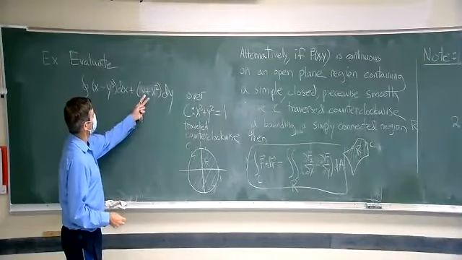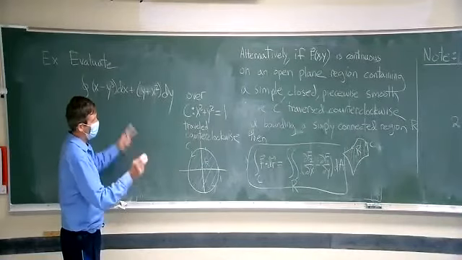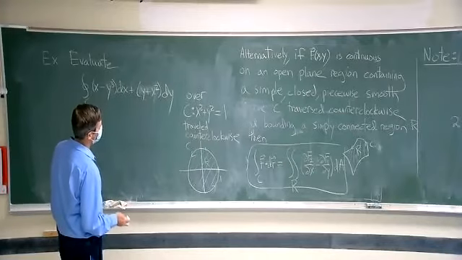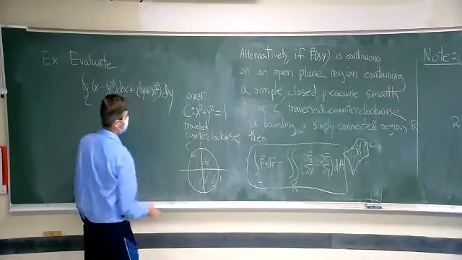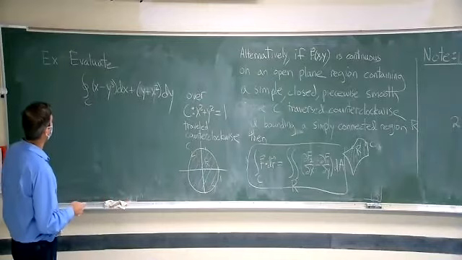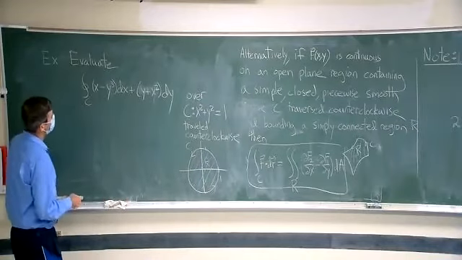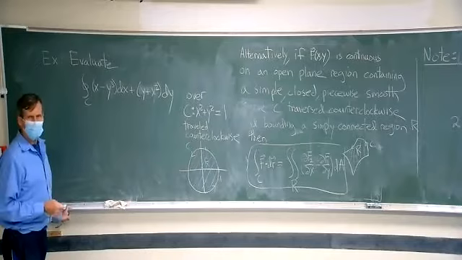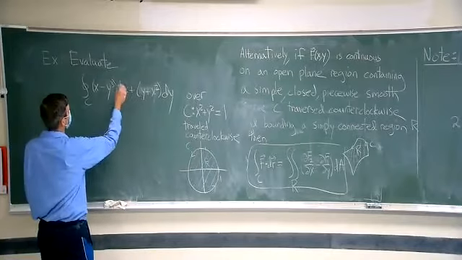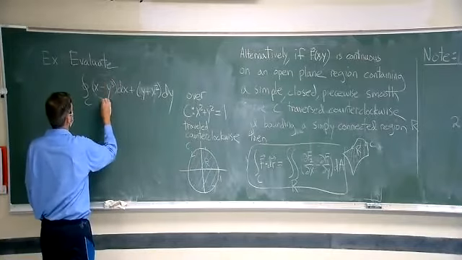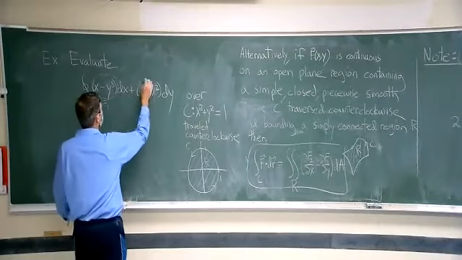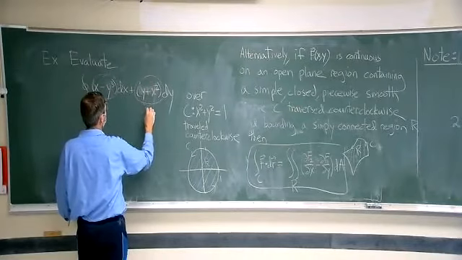These components of the function are polynomials in two variables, so they're continuous everywhere. And there's no holes in this region, so all the hypotheses of the theorem hold. We can apply Green's theorem. Alas, it doesn't look like f dot dr. What is it? Well, remember, this is the alternate notation. Whatever multiplies dx is f1. Whatever multiplies dy is f2.